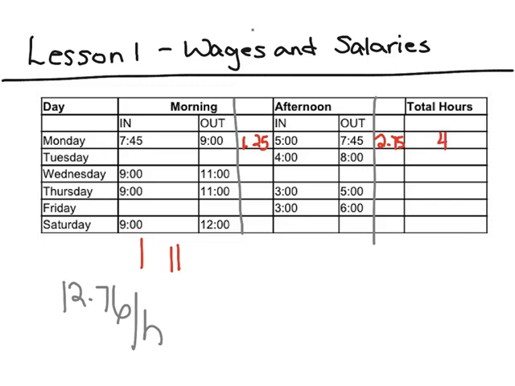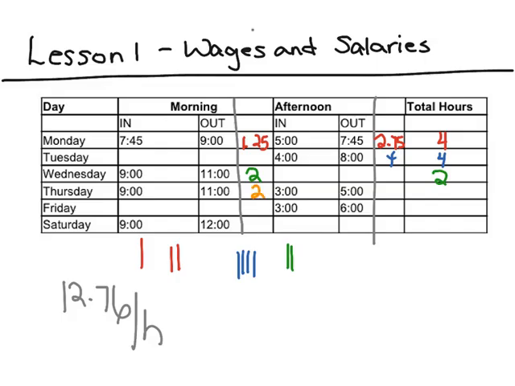You add them together. On Tuesday, you work from 4 to 8, so 4, 5, 6, 7, 8, which is 4 hours, so you worked a total of 4 hours. Wednesday, you worked from 9 to 11, so 9 to 10 to 11 is 2 hours. So altogether, you worked 2 hours. Thursday, you worked 9 to 10 to 11, which is 2 hours.